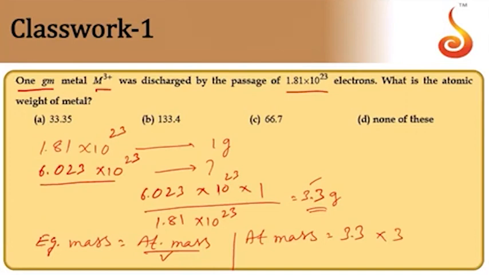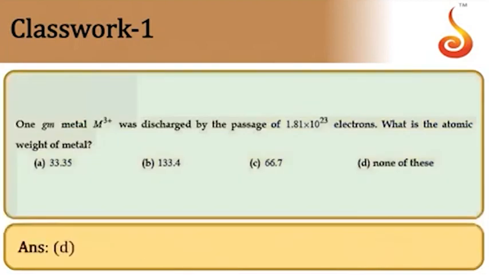So into 3, the value comes to 10.03. So 10.03 is not there, which implies none of these is the answer. The point here is, when you pass 1 mole of electrons, the mass deposited will be equal to its equivalent mass. So the answer is none of these.